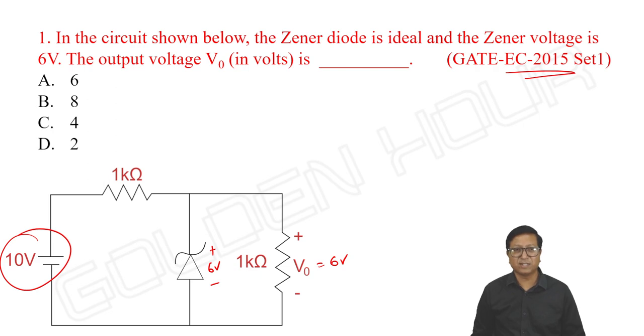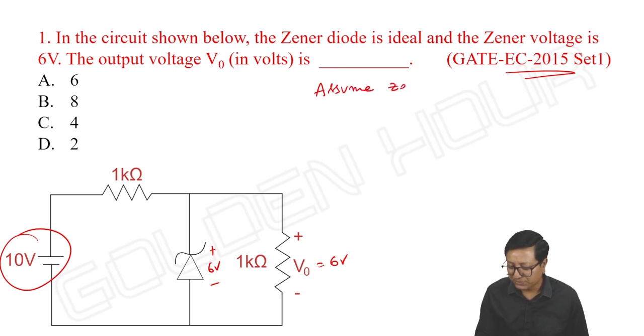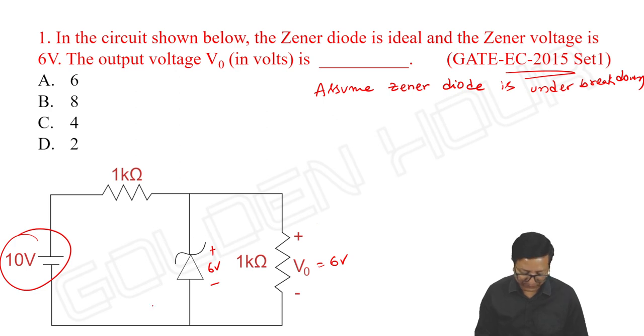Okay, it's a regulator circuit. Everything is looking fine. So just see this question. If that is the case, assume the Zener diode is under breakdown. It looks like so, so based on that I am writing it. So assume Zener diode is under breakdown. If that is the case, this is how we can see the things.